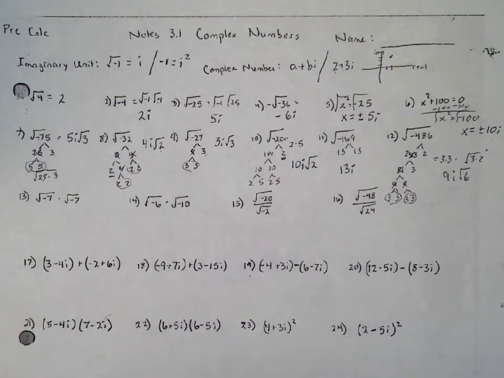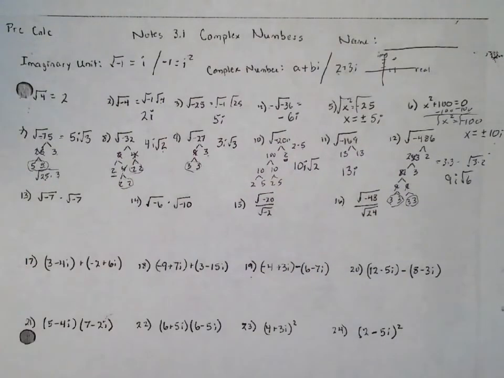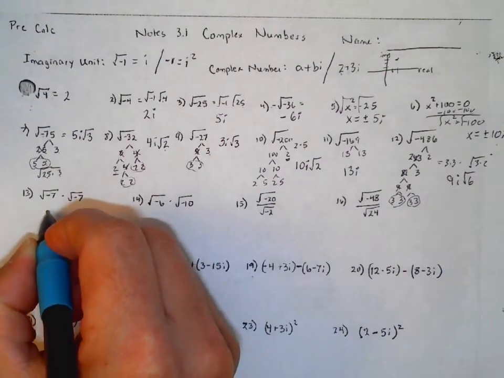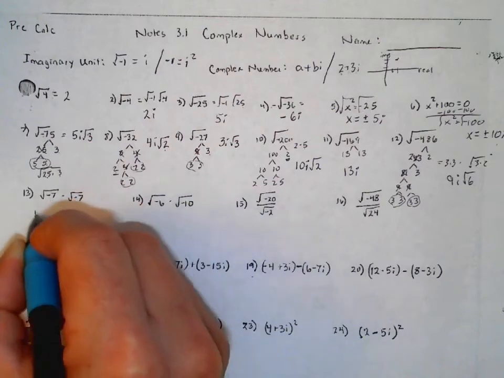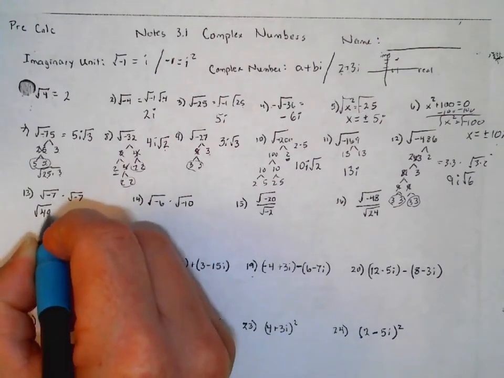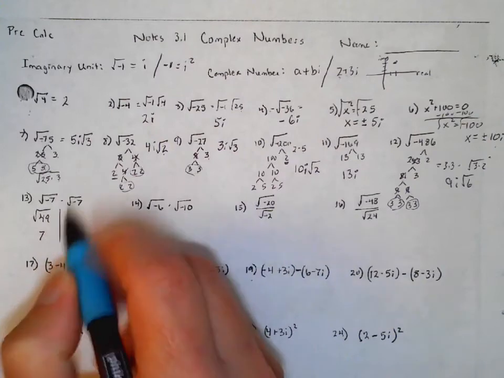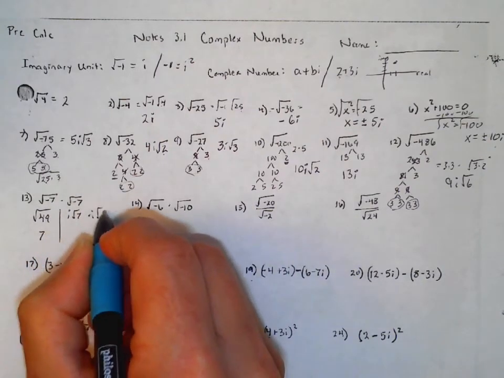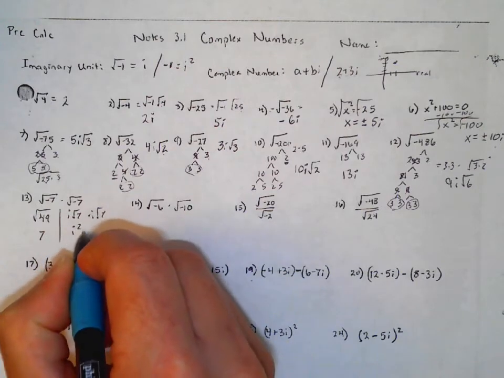Okay. Next ones, we're multiplying here. So if we multiply these together, you could do it different ways. If I just multiply, it'd be the square root of 49, which is 7. Or I could say this is i square root of 7 times i square root of 7, which is i squared square root of 49.